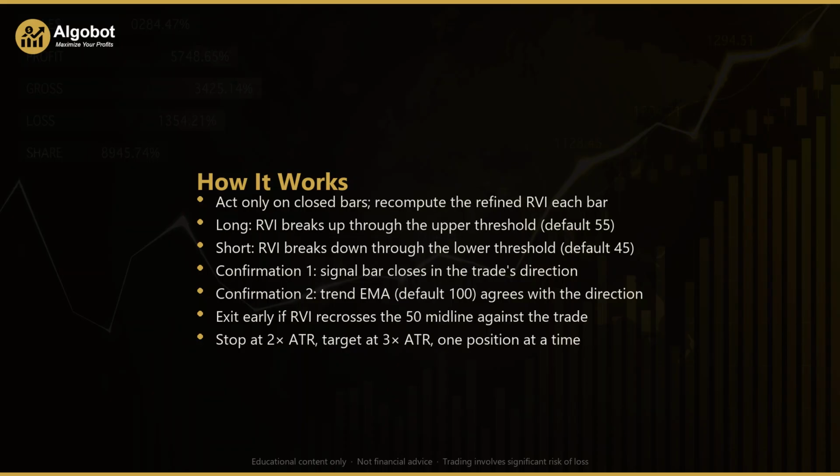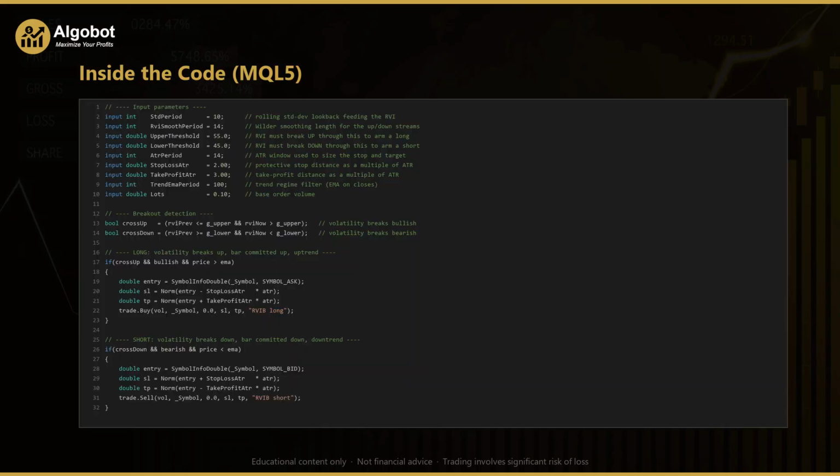There's also an early exit. If the RVI crosses back through the 50 midline against an open position, the strategy closes it, because the volatility that justified the trade has flipped. Only one position is held at a time, with no adding to winners, and order size is normalized to the broker's lot limits. Let's look at the actual MQL5 code that runs inside MetaTrader.